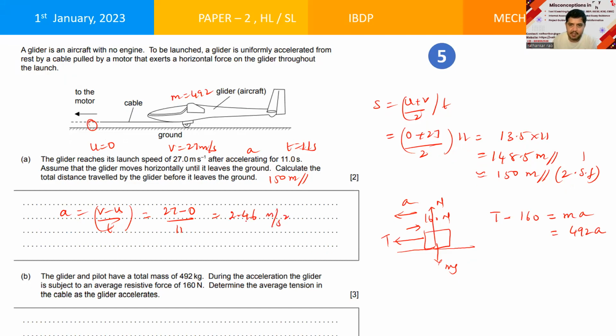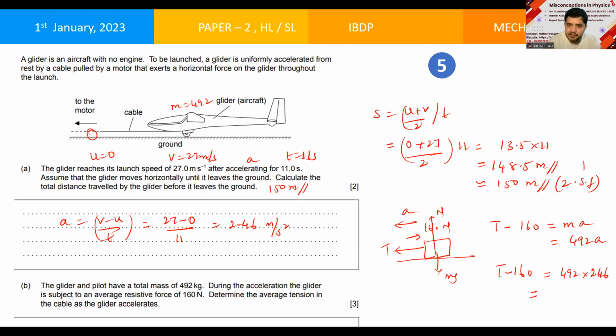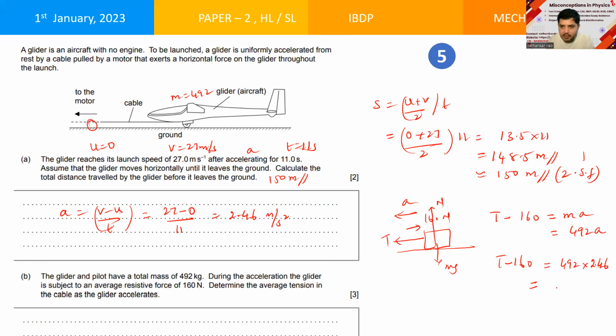This is not the answer for it. I don't have space, so I'm writing it here. So T minus 160 is equal to 492 into 2.46. So when I substitute this value, how much do I get? 492 times 2.46 is 1,207.